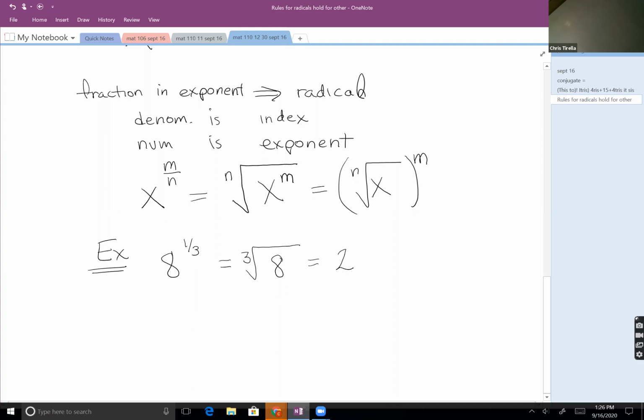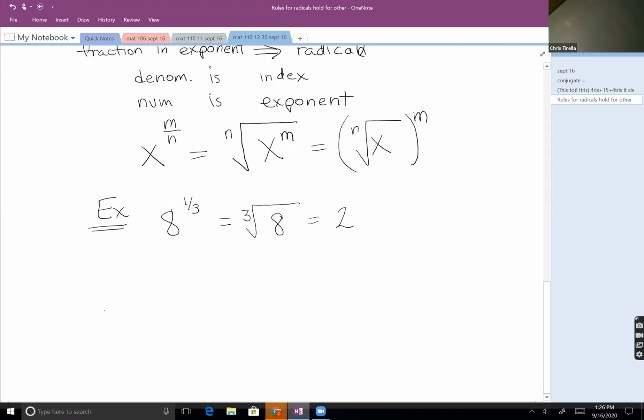I would feel remiss if I didn't take a little bit of time to explain why that's the case. So I want to look at this from two sides. We're saying that the cube root of 8 is 2, and that means that 2 to the 3rd is 8. Well, on the other side, if I take 8 to the 1/3 and cube it, it's an exponent.